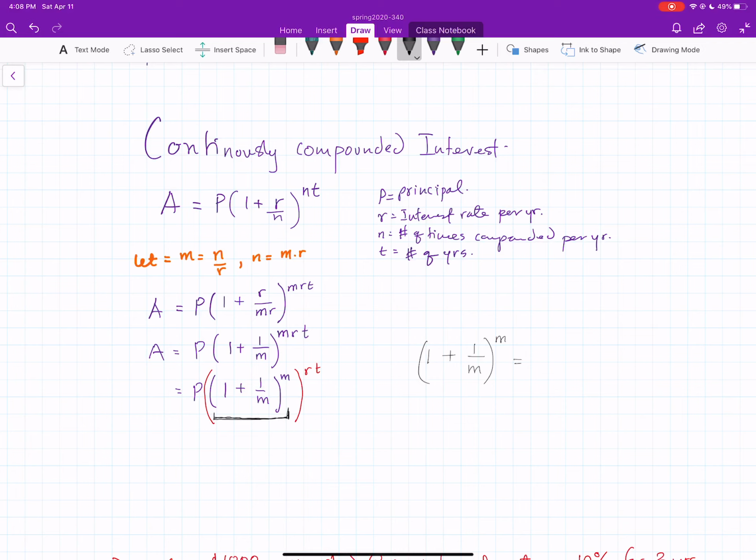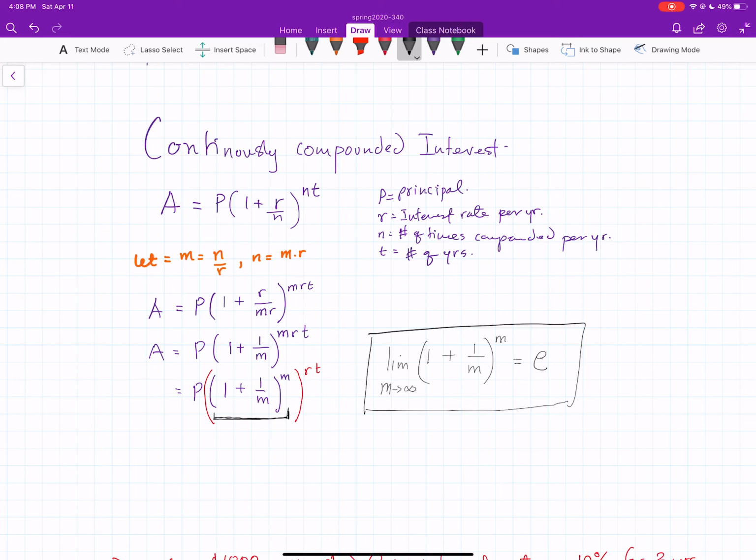Let's take that out for a second: 1 plus 1 over m all raised to the m. If you recall, that looks close to what we defined e as, the limit as m goes to infinity. If you think about how we defined e from the Khan Academy video, it was defined as the limit as m goes to infinity of (1 plus 1 over m) raised to the m.